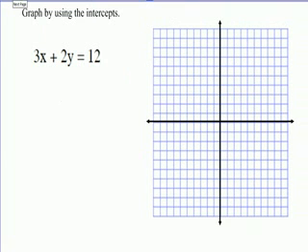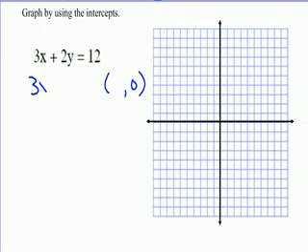Little different directions here. It's another way to graph by using the x and y intercepts. So we have 2 intercepts for lines, x and y. To find the x-intercept, I plug in 0 for y.